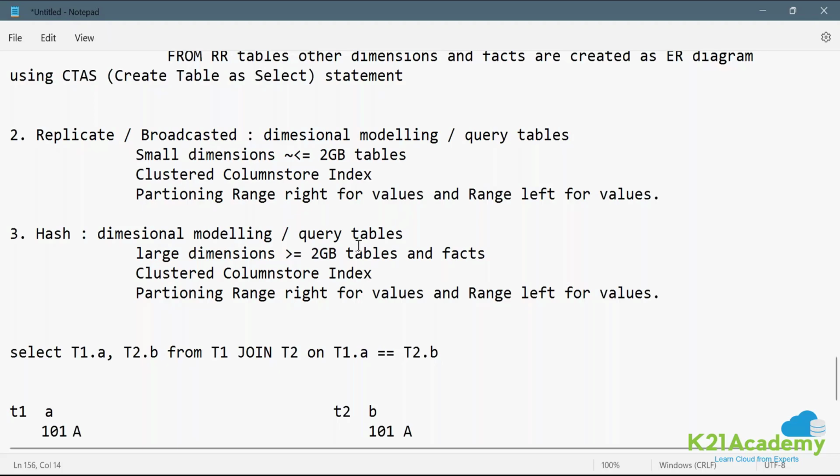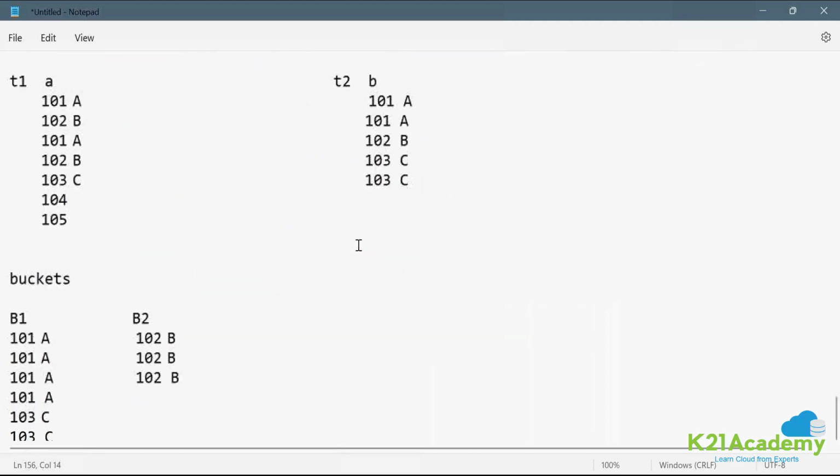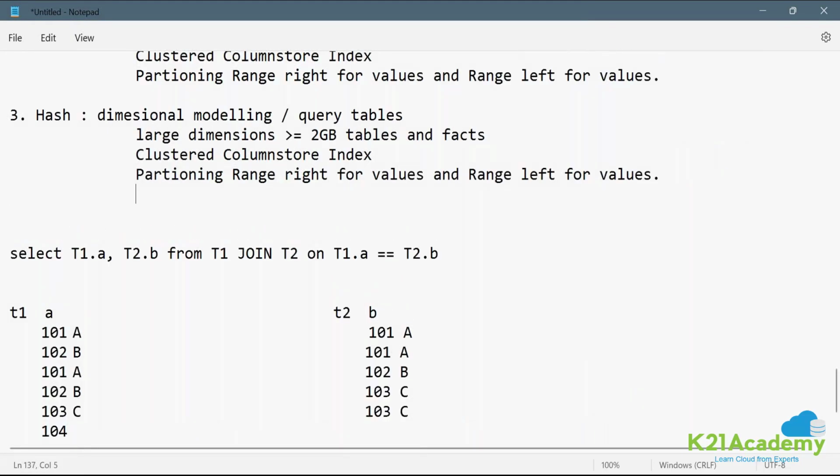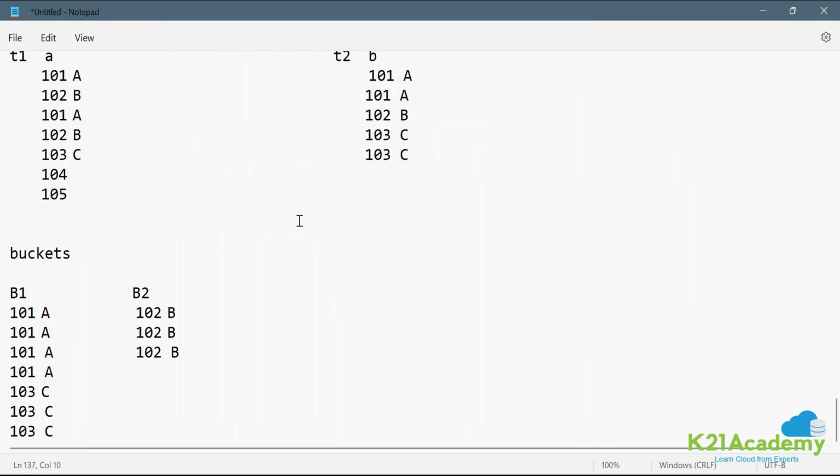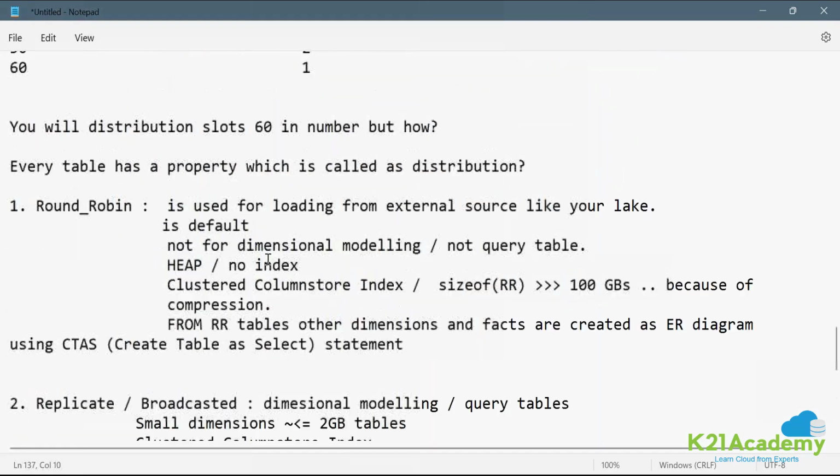Obviously, because it is a query table, you're going to do a CCI on it. Partitioning range right for values and range left for values are both available, and it is super important to use them properly. It is used particularly for joins. When you do heavy joinings, you would leverage hashing.